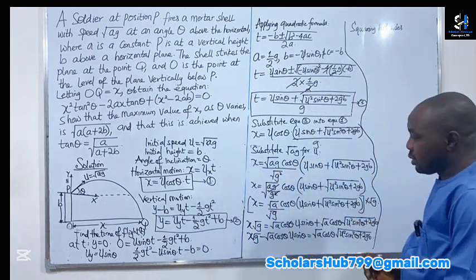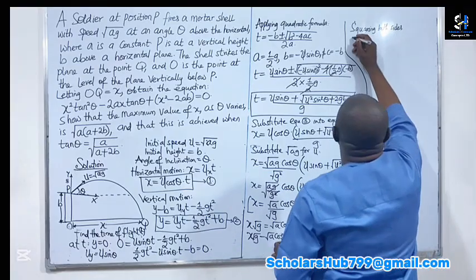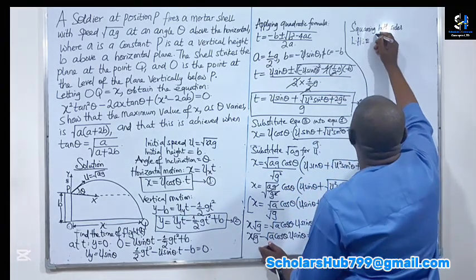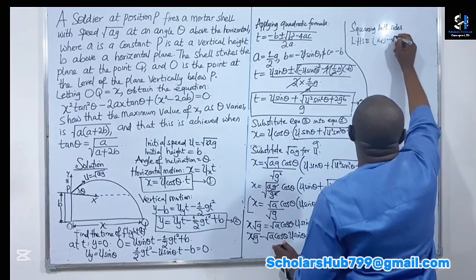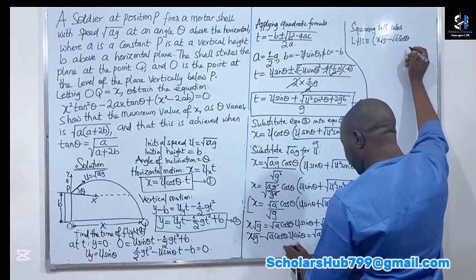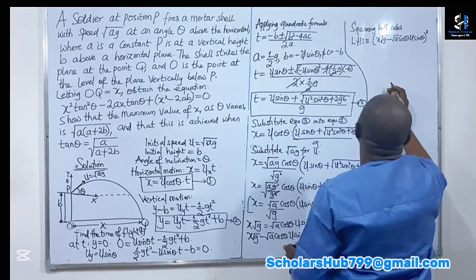So I'm going to write the left hand side. When we square the left hand side, that will be x root g minus root a cos theta u sine theta raised to the power of 2.